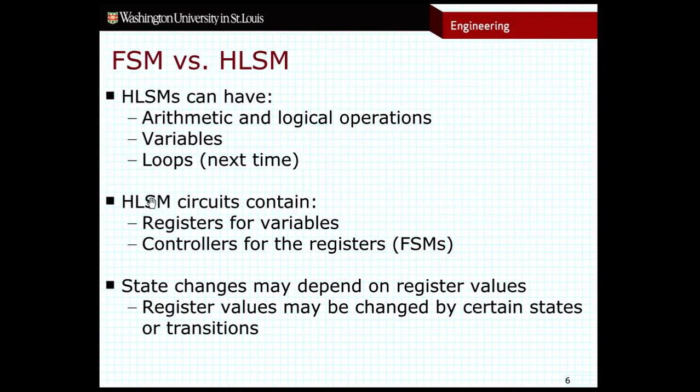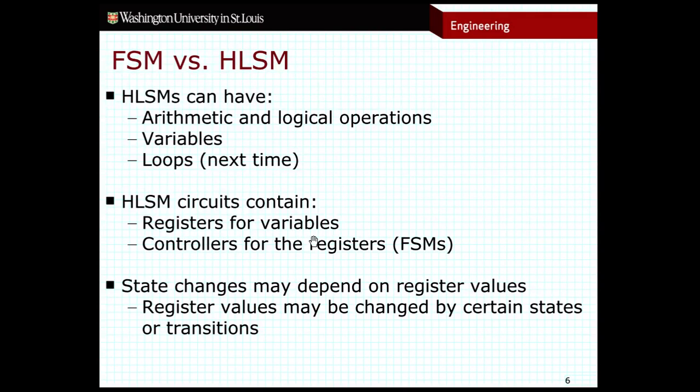In terms of circuits, a high-level state machine is going to have a register for each variable that it contains. So this particular high-level state machine had one variable. That means there was one register for that particular variable. And the state machine itself is going to be what we call a controller for the register.